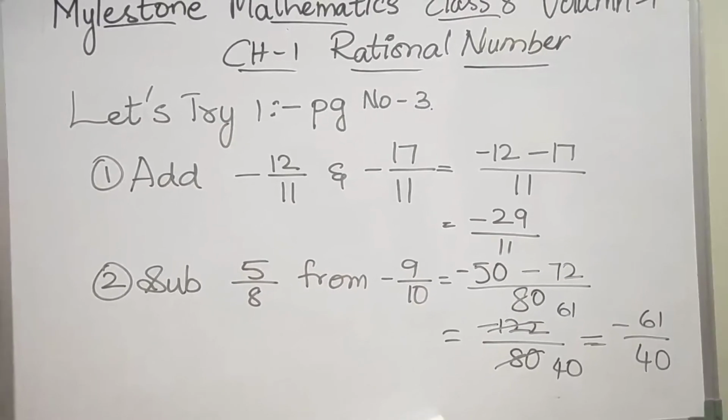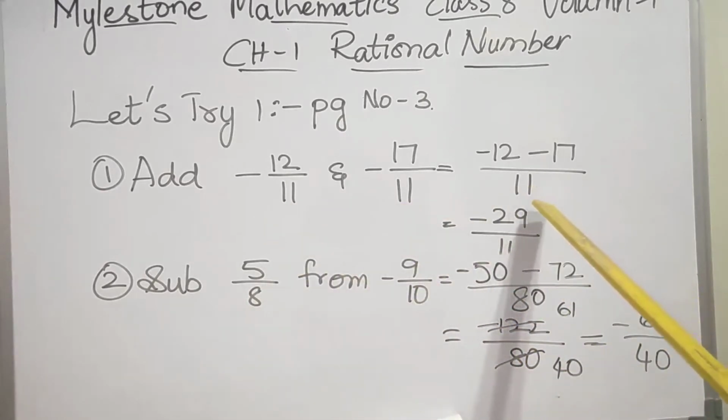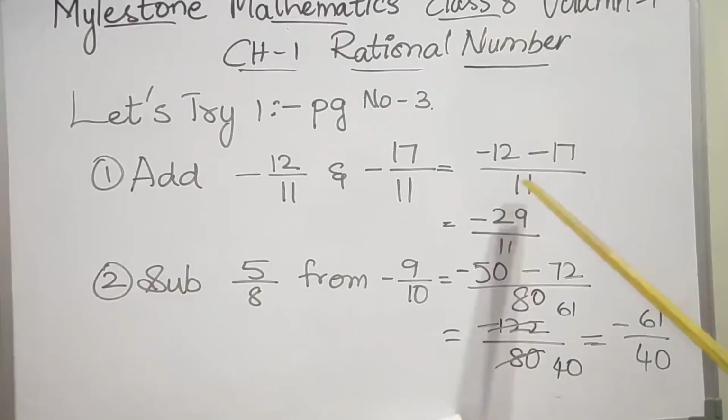Let's try one, page number 3. Question number 1. Add minus 12 by 11 and minus 17 by 11. These are the rational numbers here. Now we take the LCM as 11, as the denominators are the same.